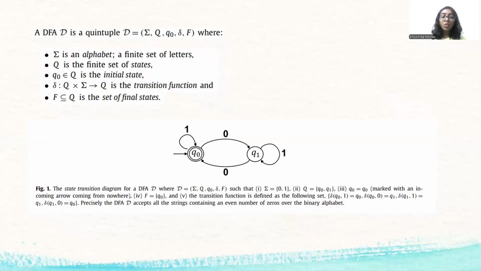F equals {Q naught}, and the transition function is defined as the following set: delta(Q naught, 1) equals Q naught, delta(Q naught, 0) equals Q1, delta(Q1, 1) equals Q1, delta(Q1, 0) equals Q naught. Precisely, the DFA accepts all the strings containing an even number of zeros over the binary alphabet.